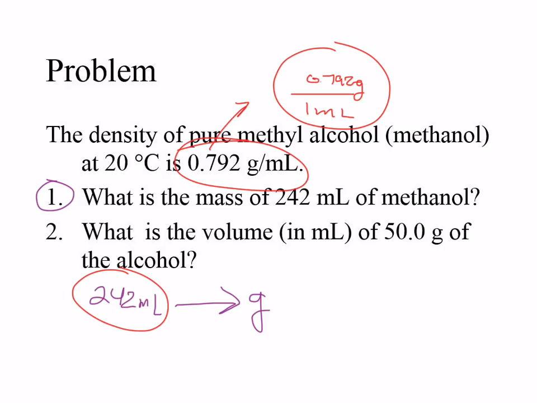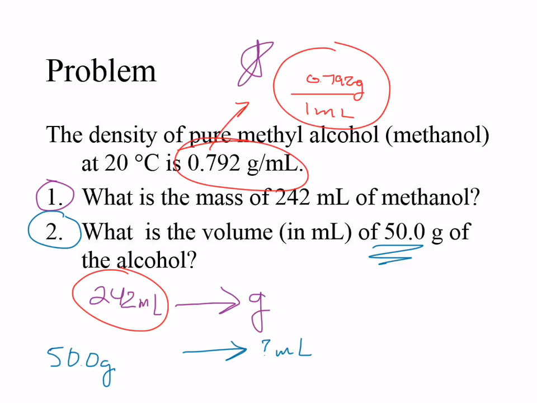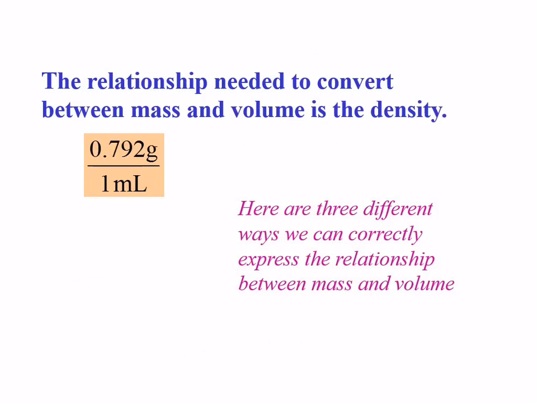All right, so the second one says, what is the volume in milliliters? That's what we're trying to get to. The first term is going to be 50.0 grams. And again, we're going to use the density as a conversion factor. I call this unpacking: the g/mL, what does that mean?